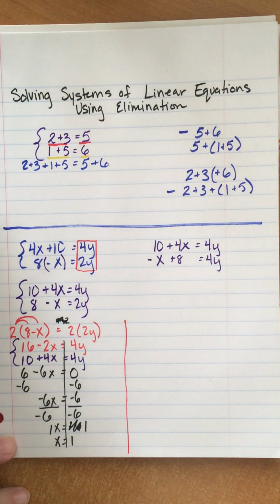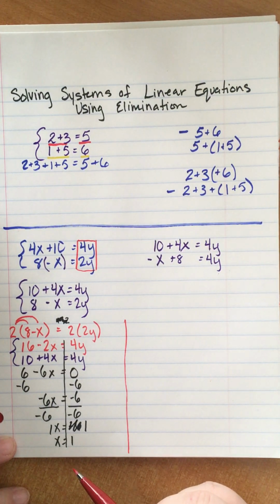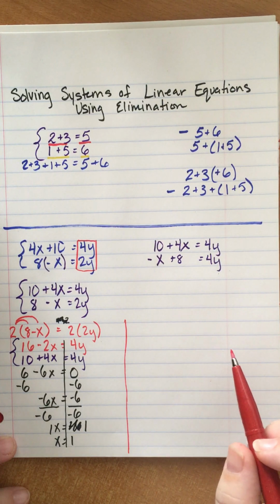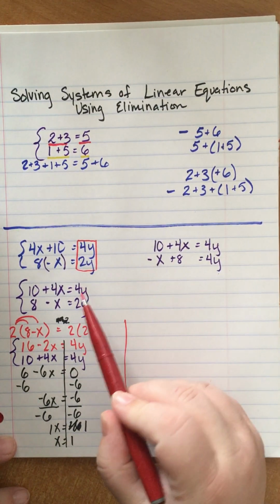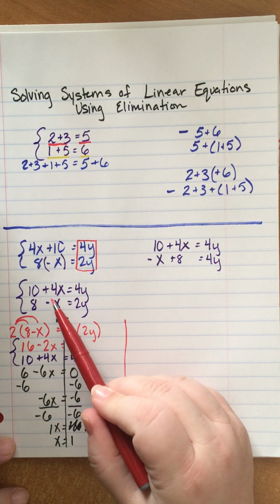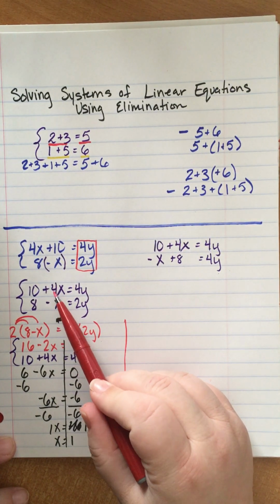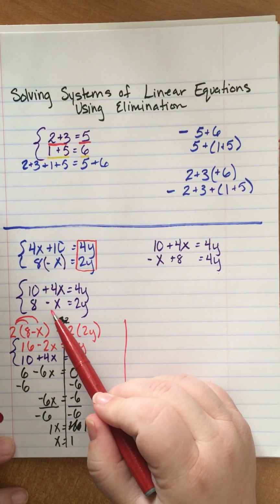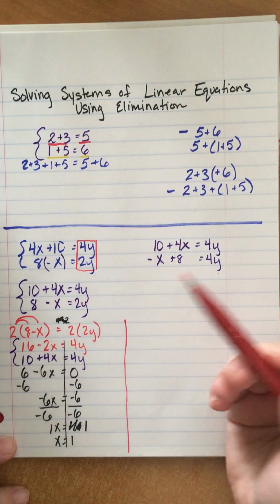We're going to solve for the y variable by eliminating x. So what we would notice is that if we want to eliminate x, I need to have the same coefficient. The signs can be different, but the number needs to be the same, meaning that this needs to be 4. Well, this one's easy. If this is 1x here, I'm going to multiply it by 4 to get 4.